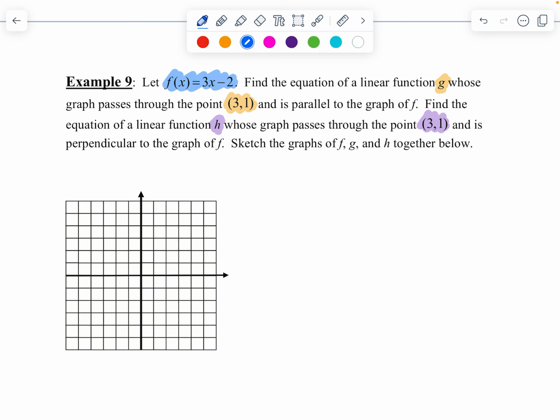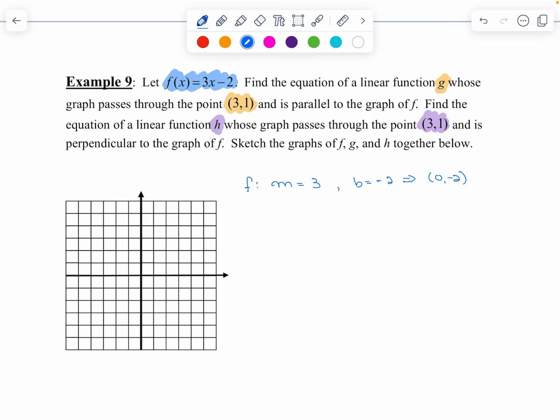Okay, so first off, what we know about f. The slope of f is equal to 3, and b is -2, which means that it has (0, -2) as a y-intercept. So when I graph it, I'm going to use that information.